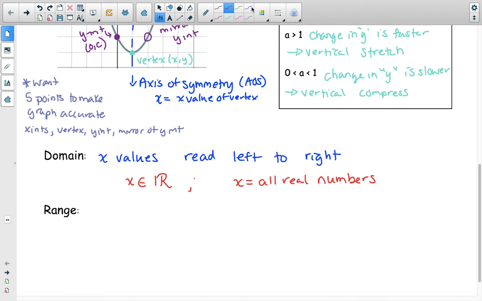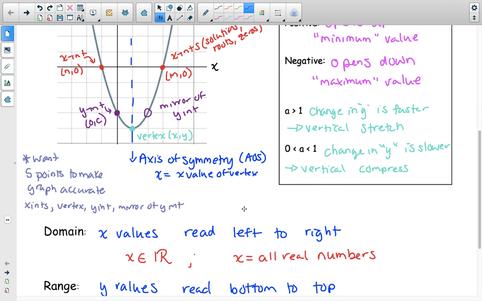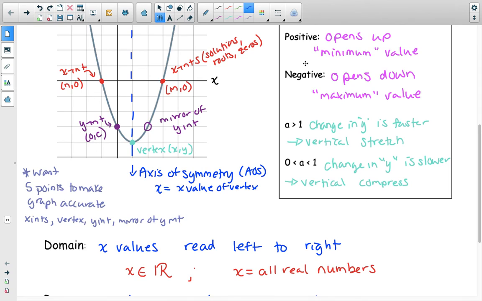Your range are your y values, which we read from bottom to top, because we need the minimum y value to the maximum y value. Now, if it opens up or down, this changes.